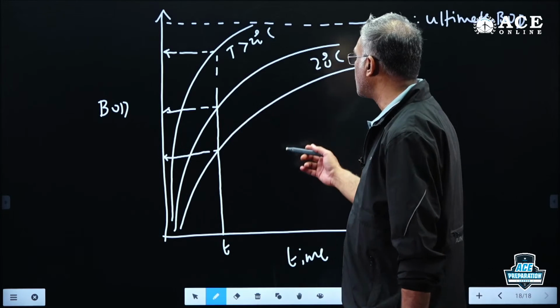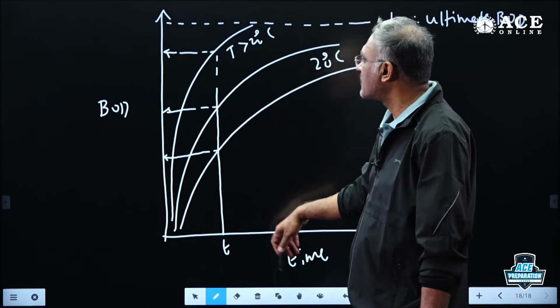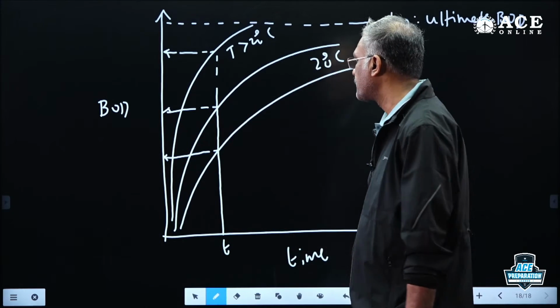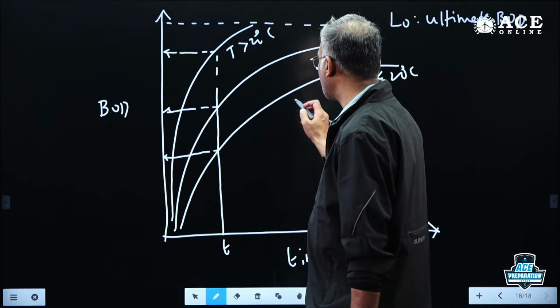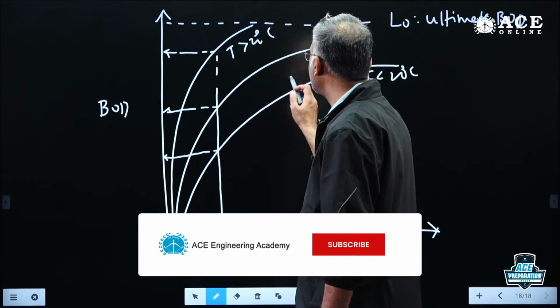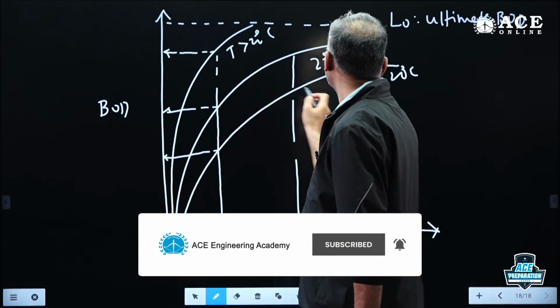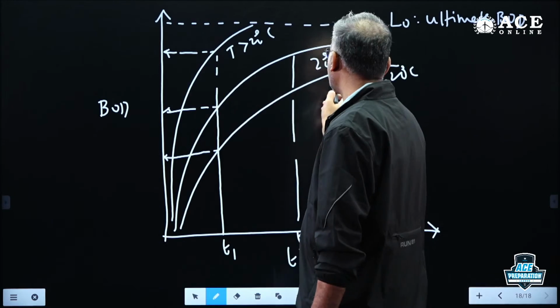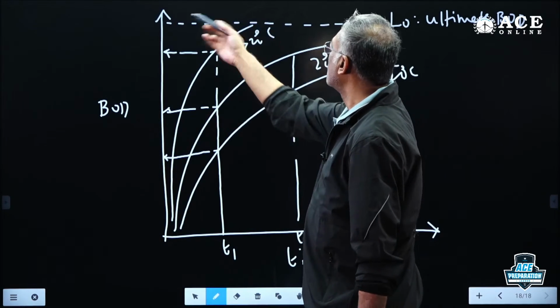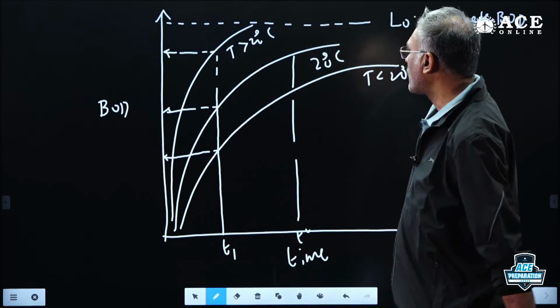Or for two different temperatures, as time changes, the BOD value also changes. This is the kind of question they'll ask. At time T1 and time T2 at the same temperature, the 5-day BOD will be different. Similarly, for more than 5 days it is different, and for a temperature more than 20 degrees it is different.